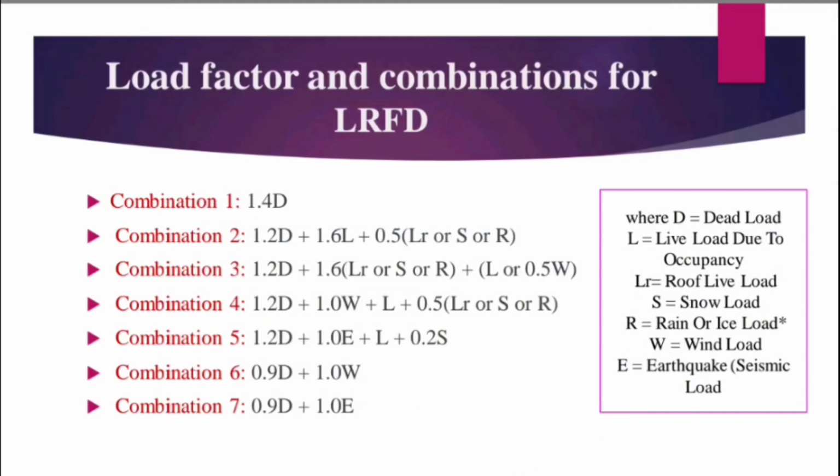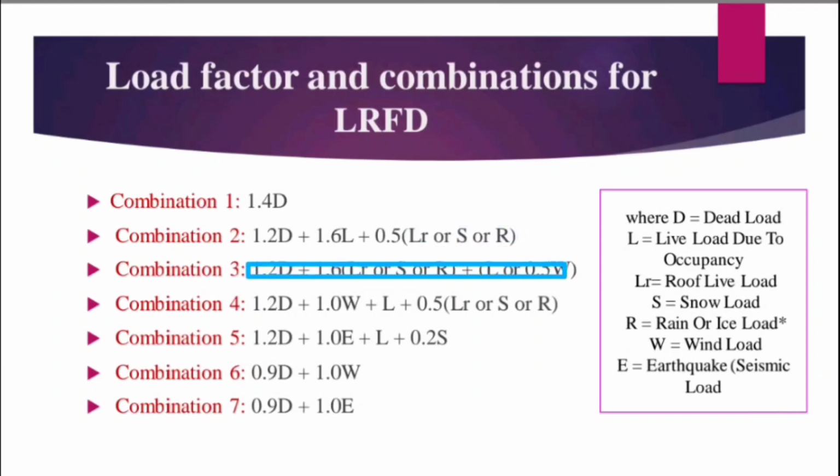In this, remember, we'll use 3 possibilities. If 2 or 3 occur simultaneously, then we will take the maximum value of these 3 loads. Remember, we will take the maximum value in this combination.